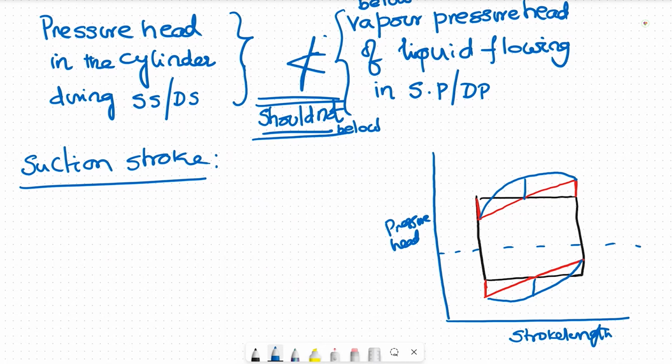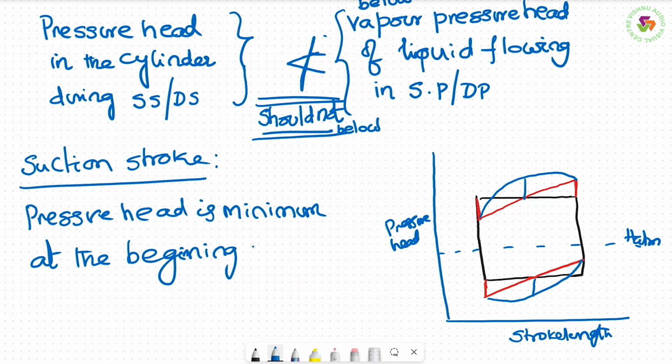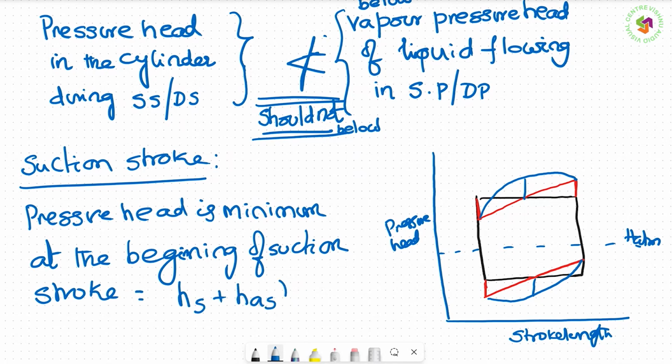Now, if I see this diagram, the pressure head is minimum at the beginning of the suction stroke. This is the atmospheric pressure head. It is equal to Hs plus HAS, whereas at the middle it is Hs plus HFS, and at the end Hs minus HAS.